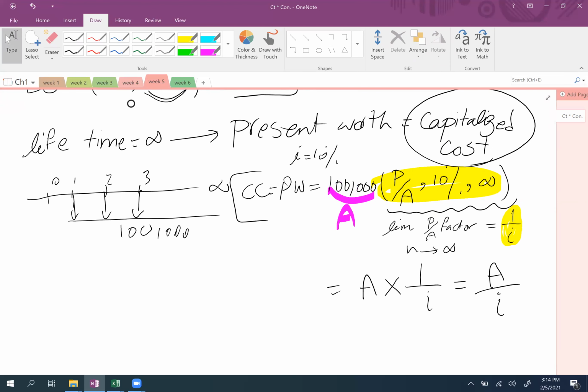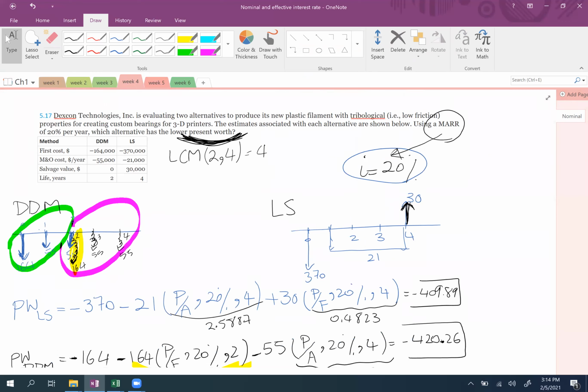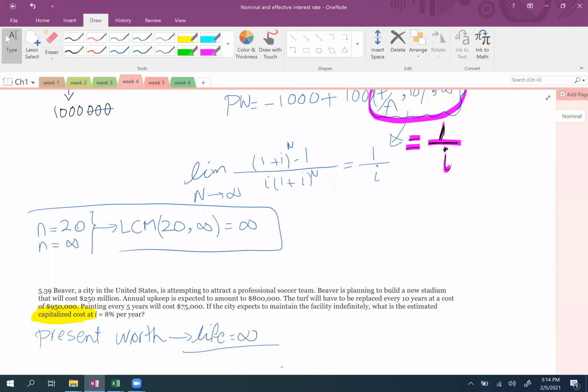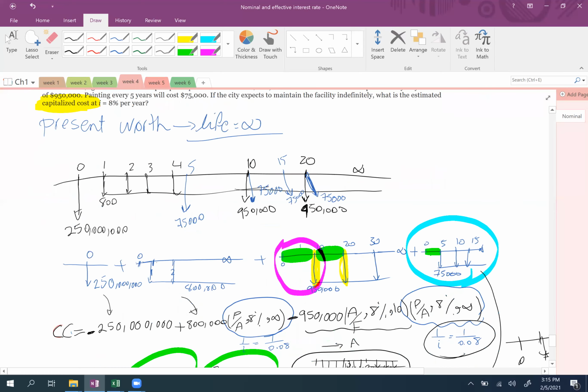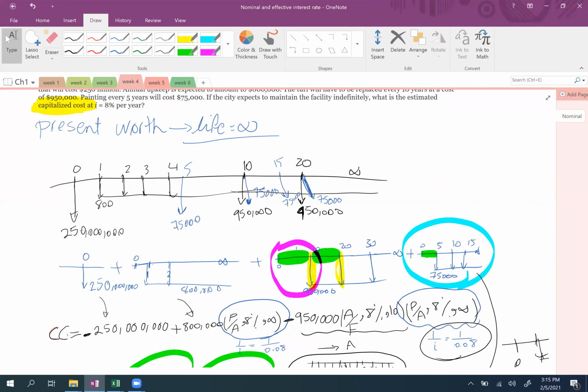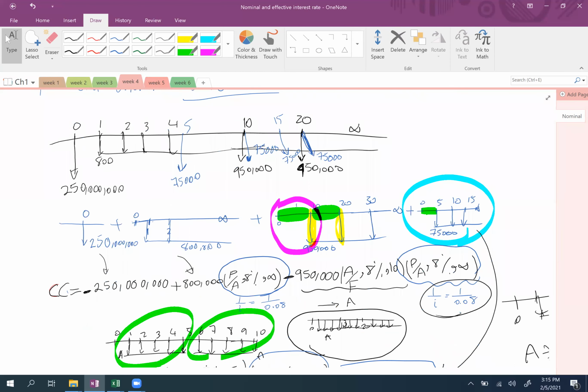For example, we solved problem 539 of your textbook, and we learned how to calculate the capitalized cost of projects when the lifetime is going to infinity and you have a cost which is occurring several times.